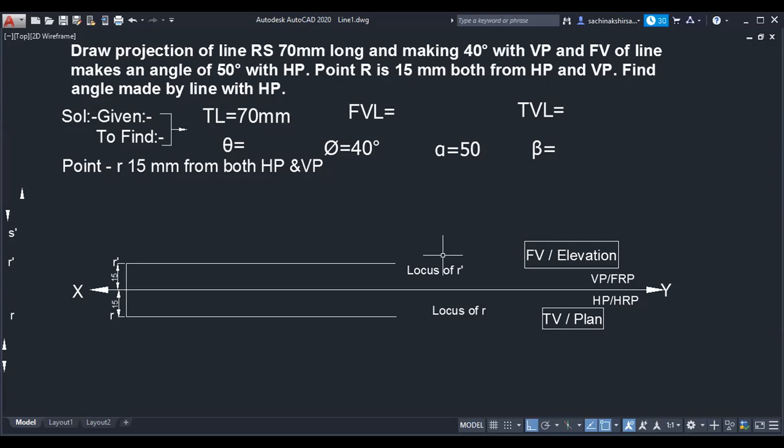So in general we can draw a line of front view. Suppose I draw anything, here I have to draw 50 degrees.